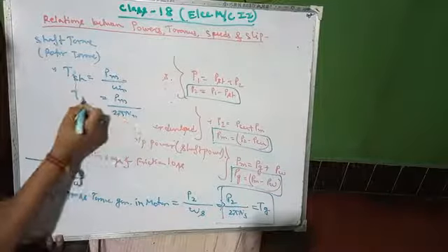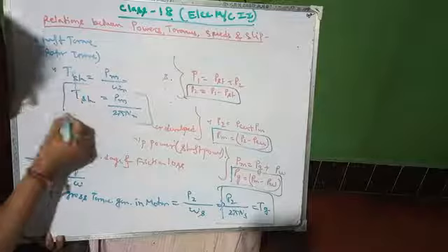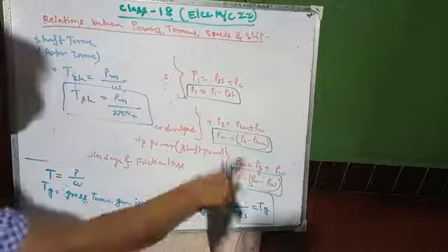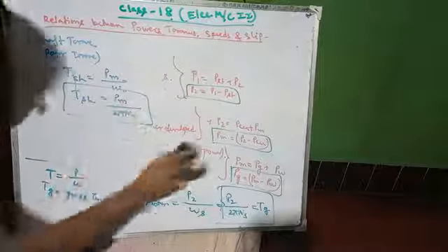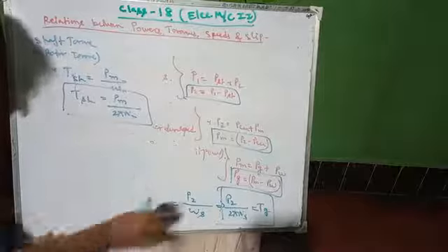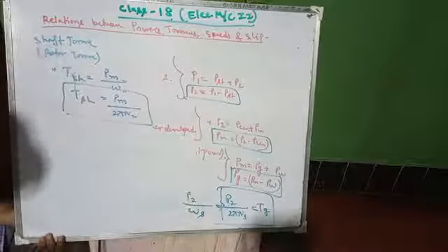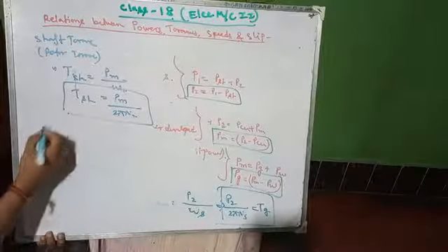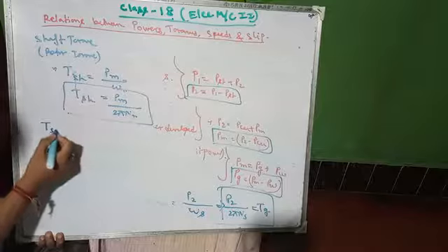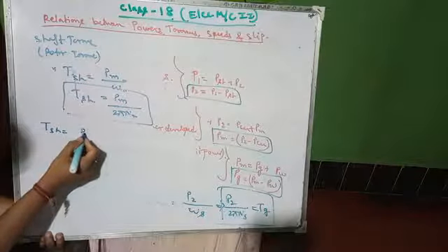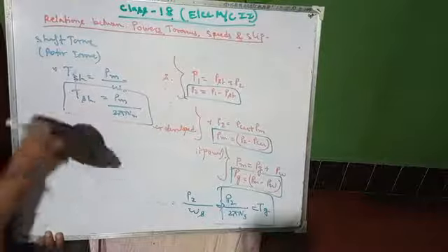So make a box. So 1, 2, 3, 4, 5 formulae I have made. So TSH equals this, which has already been written.